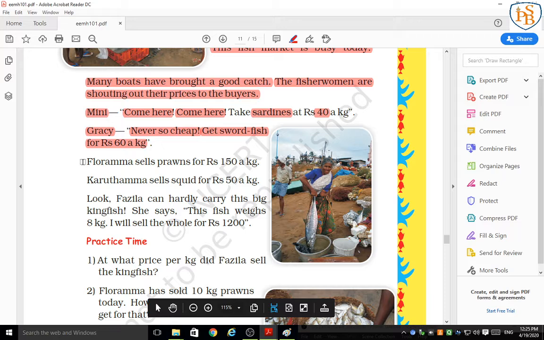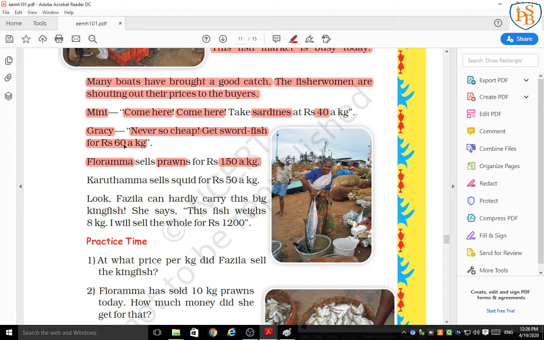Then next is Florama. Florama sells prawns of rupees 150 a kg. If you see, students, all Mini, Gracie, Florama, they are selling fish of 1 kg only. Mini's price per kg is rupees 40.